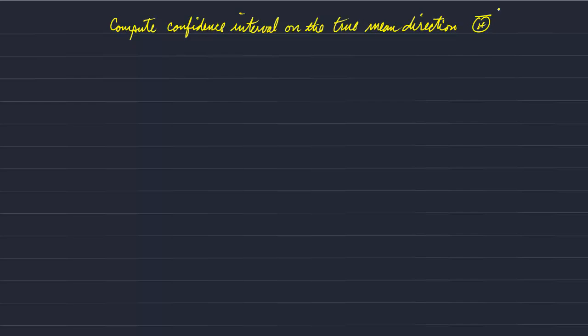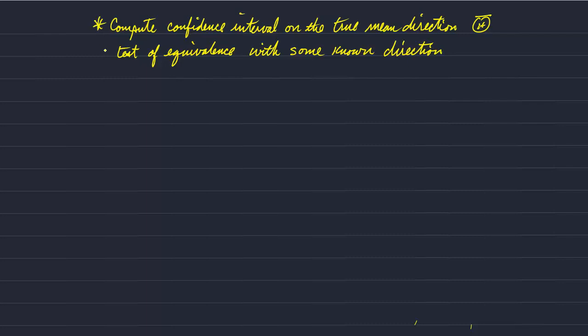And from that confidence interval, we could test whether the true mean direction matches another direction. In Davis's example, he notes that in the area of the glacial striations, there's a topographic depression.